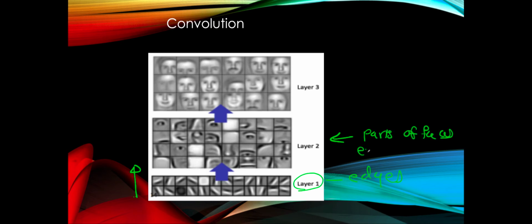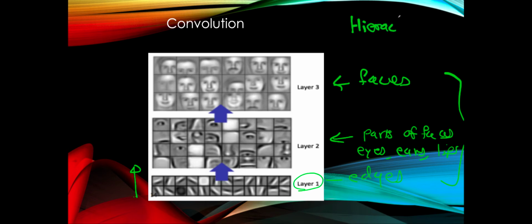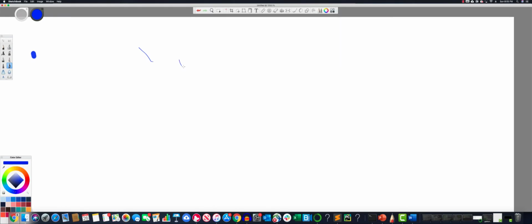Like it learns eyes, ears, lips, and layer 3 then learns about the actual faces. So as you can see, this is what is called hierarchical learning, and that's the main pivot or the main learning point of the convolution layer. So using this hierarchical learning, convolution can really learn very complex patterns in images as well as text.